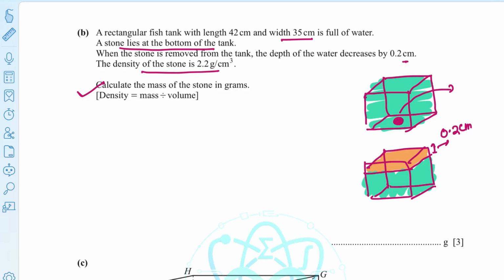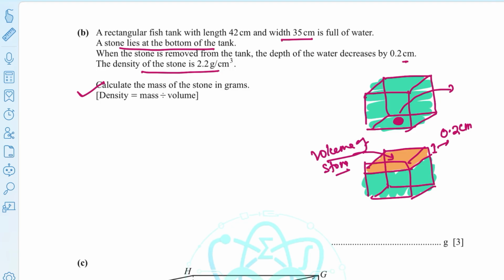So when the stone was inside, it was full. When the stone was removed, this amount of space has been created. That means that is the volume of the stone. I hope you understood this, right?